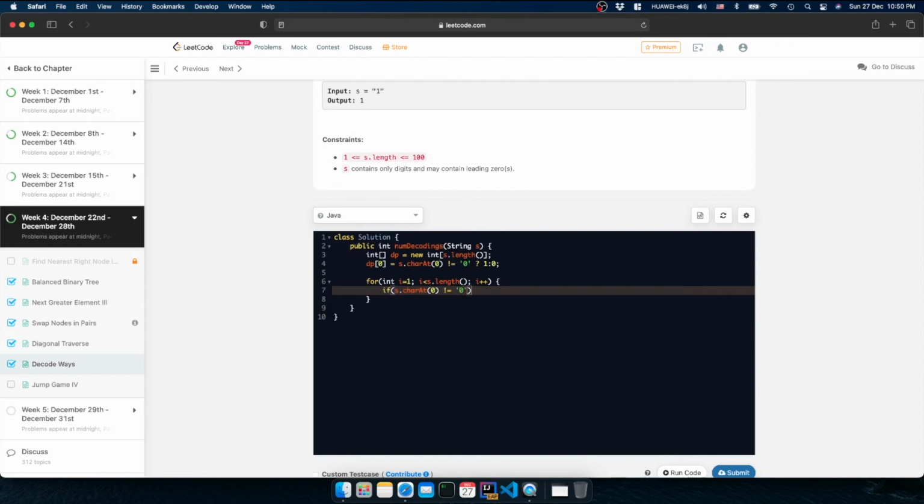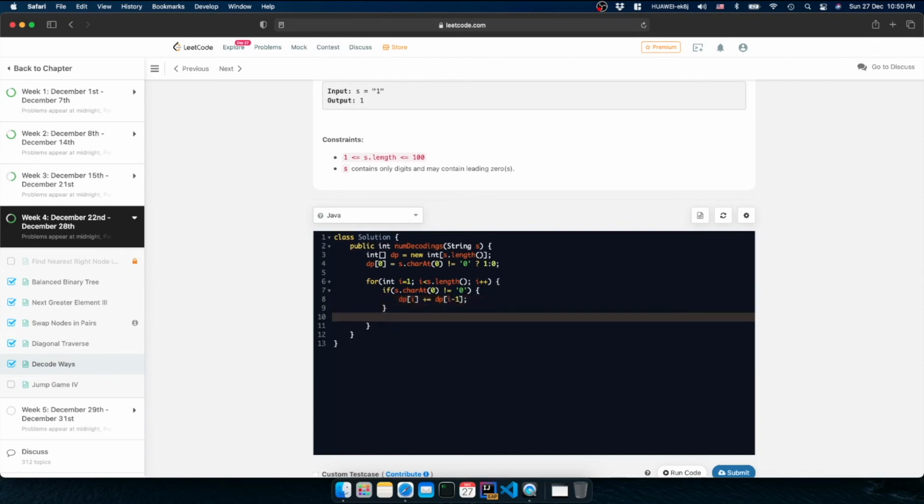Because if it is not 0, then only I can say that we will be taking dp i minus 1 into consideration, right? Because we have just seen that we will be taking dp i minus 1 and dp i minus 2, but based on some condition. So for i minus 1, this is the condition: dp i equals dp i minus 1, right? Now, so this is the first condition.